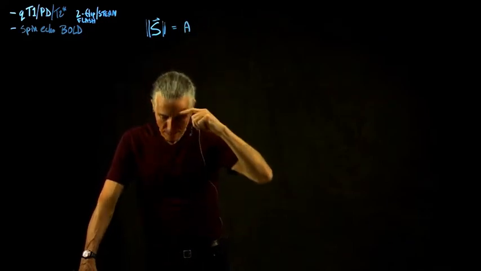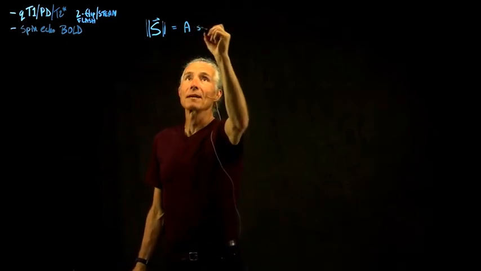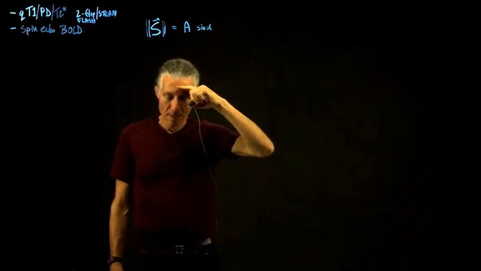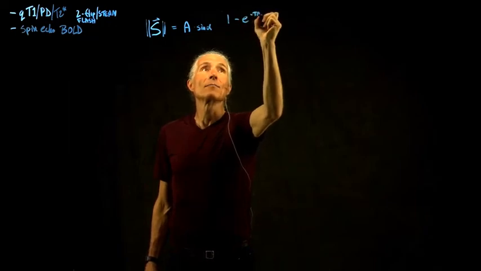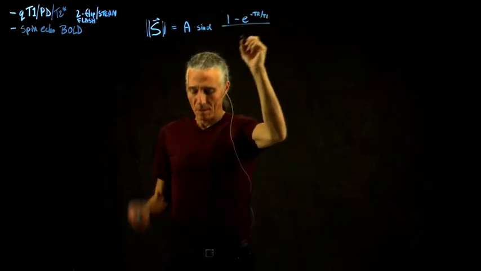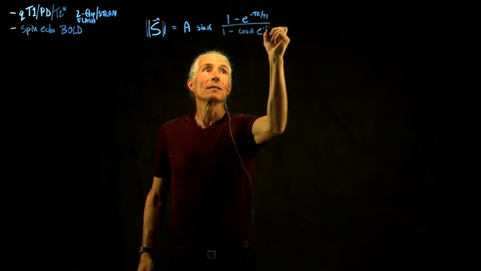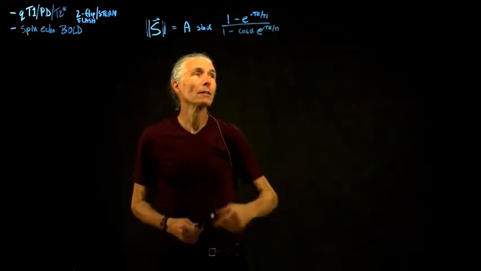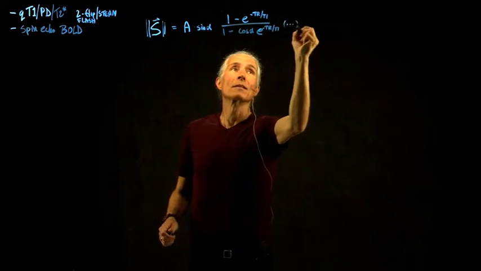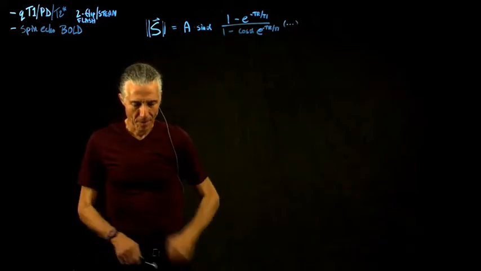So it's the proton density times the sine of the flip angle times 1 minus e to the minus TR over T1, over 1 minus cosine of the angle times e to the minus TR over T1. And then there's a T2 decay term in there too, which we left off for now. That just depends on the echo time.